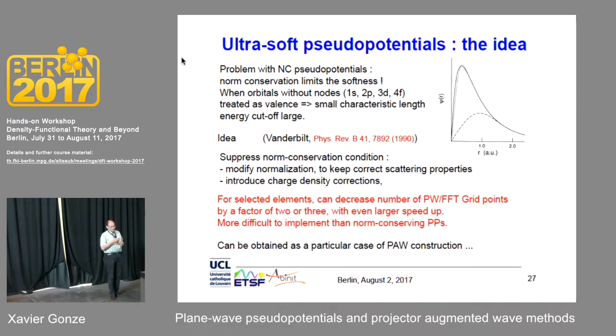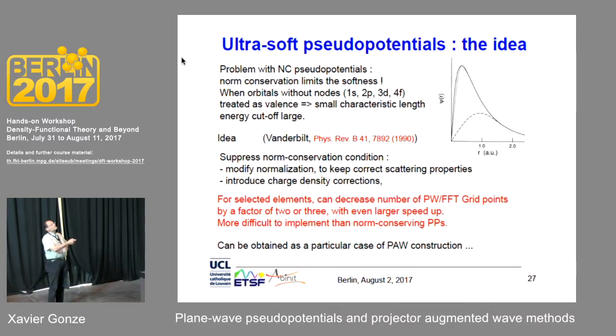So the idea of ultra-soft pseudopotentials comes from a criticism of norm-conserving pseudopotentials. Indeed, when it comes to treating oxygen with the 2p orbitals, or iron with the 3d orbitals, or the 4f rare earths, one typically sees something like this.